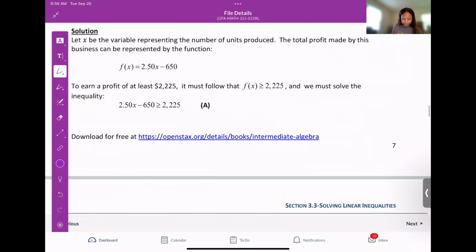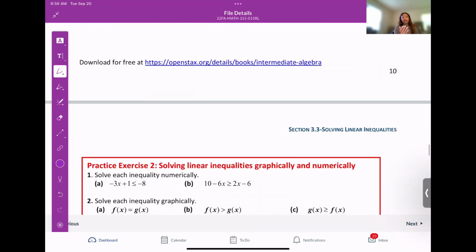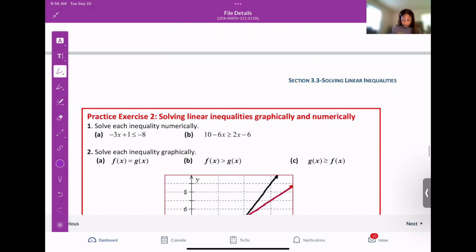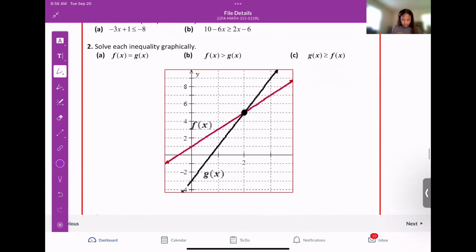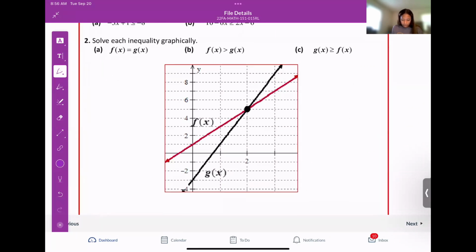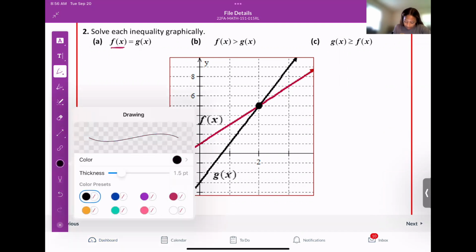All right, let's do at least one example where we solve graphically and numerically on our own. Let's do problem number 2, because the graph's already here for us. It says solve each inequality graphically. We're given two functions here. f of x is in the red, and g of x is in the black.